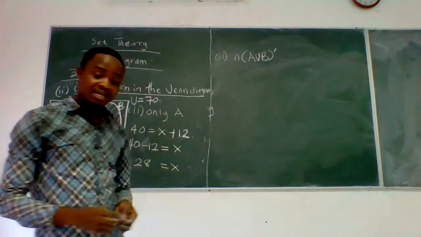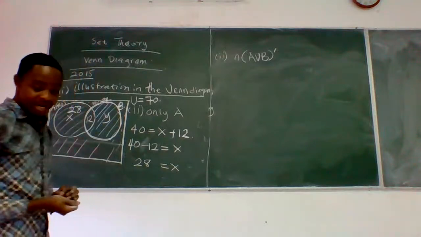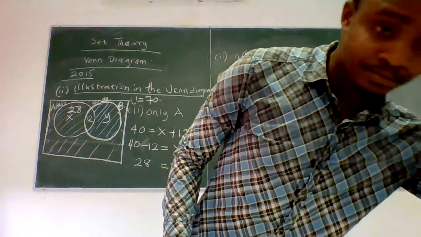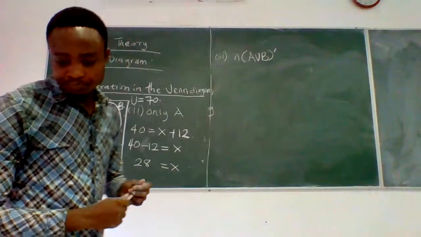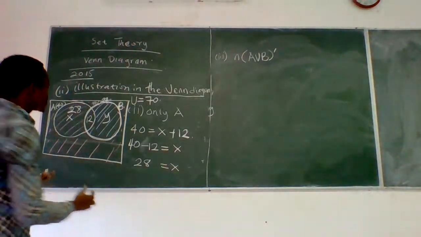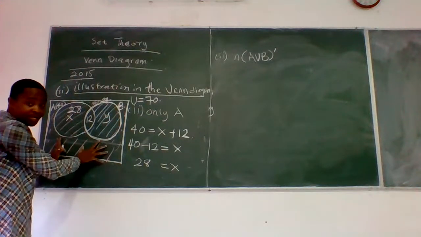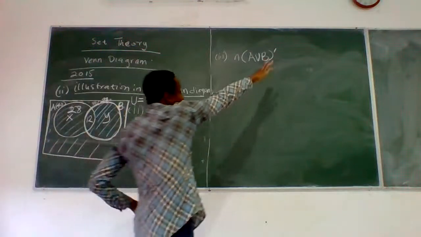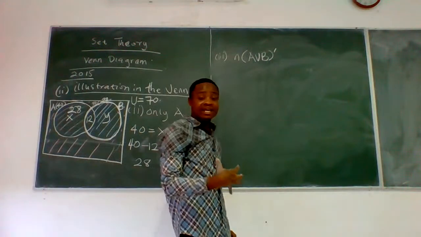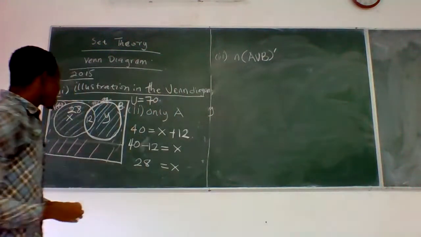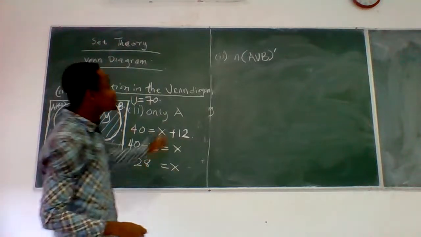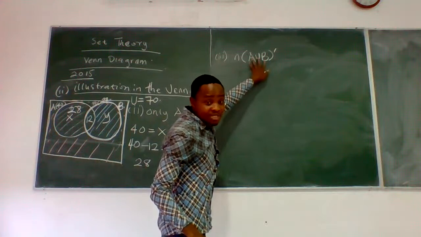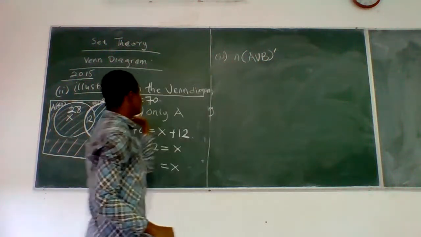So to find this, we have this set. This total space here is our universal set. And the complement is the same as subtracting the elements that appear in the union of these two sets from the universal set.